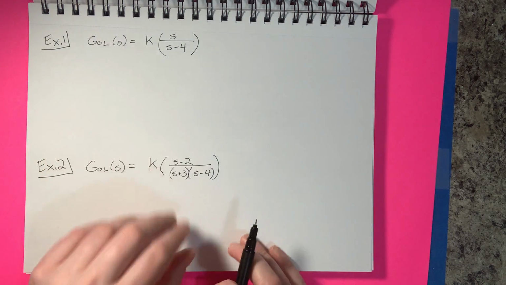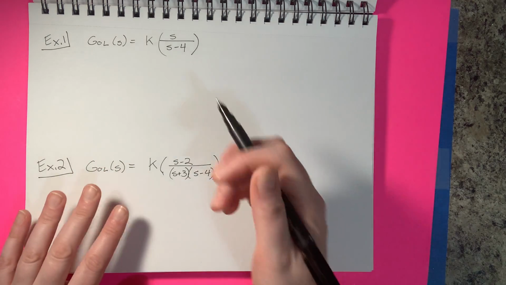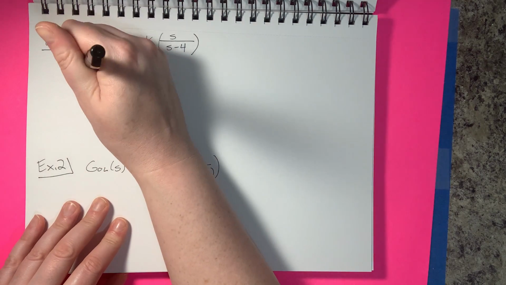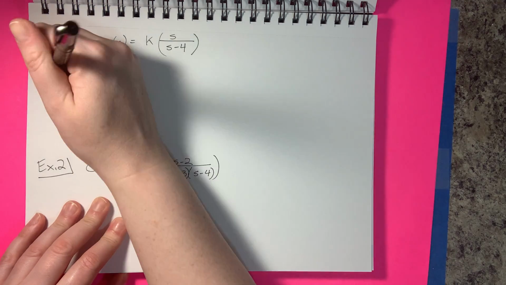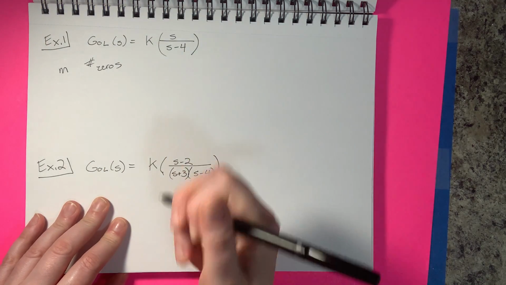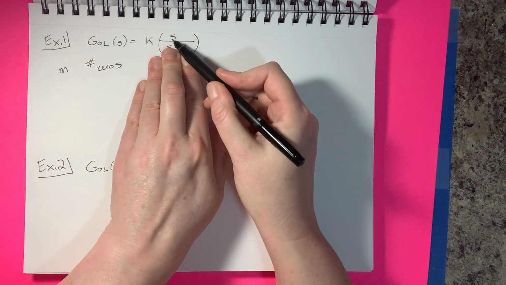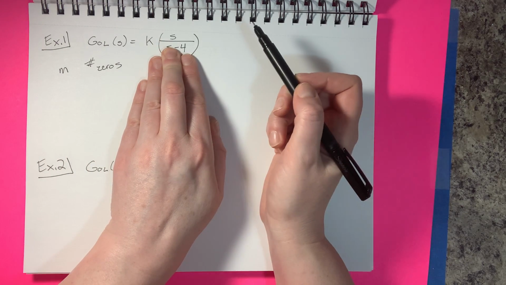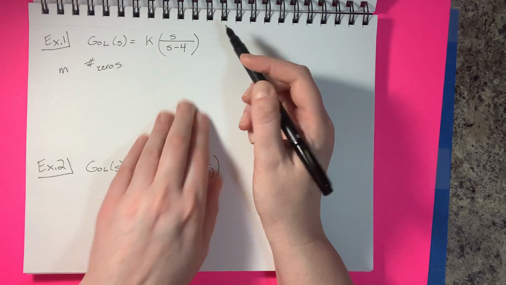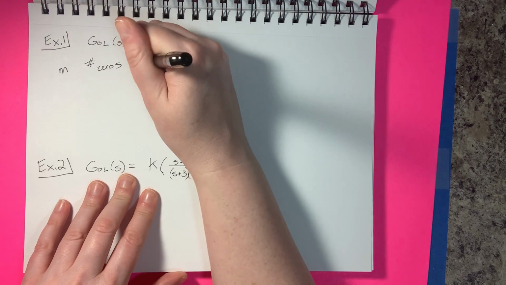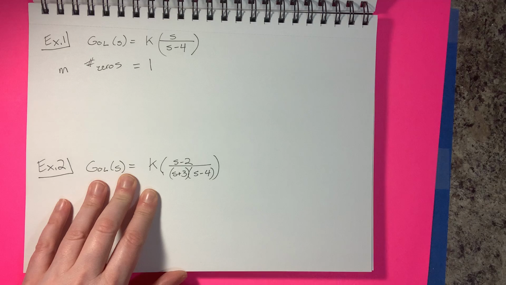So how I would approach this is I would first pick out how many zeros we have. We have m, and that number, if we look at the numerator, is 1, because this is a first order equation. It has at least one s in it. So that is 1, number of zeros.